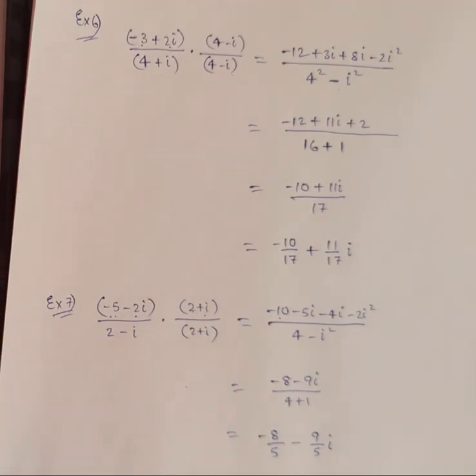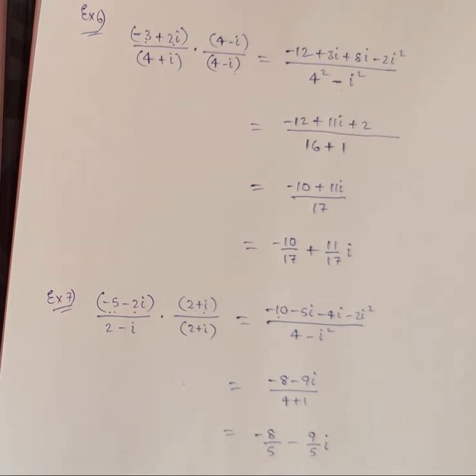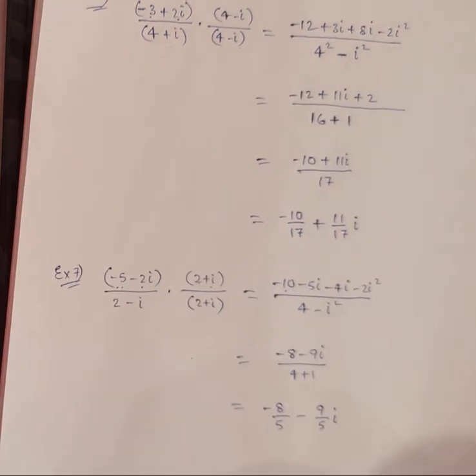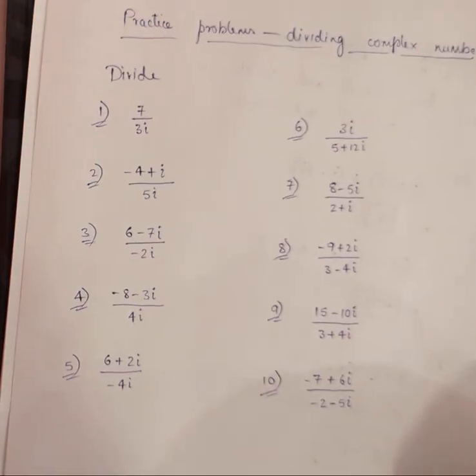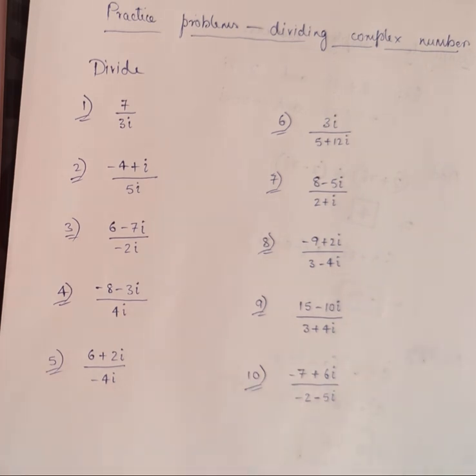All right, so these examples should give you enough practice. If not, you might want to watch them again. And I spent a lot of time in the first few examples, and then I did a little bit faster. Now, I have some practice problems, the answers of which you will find in the video description.